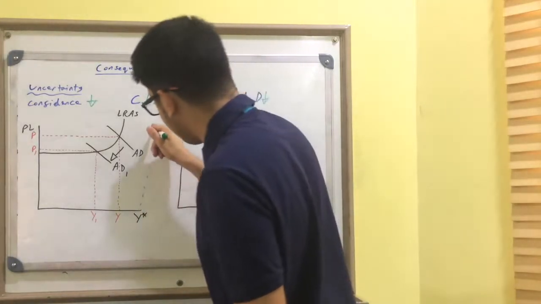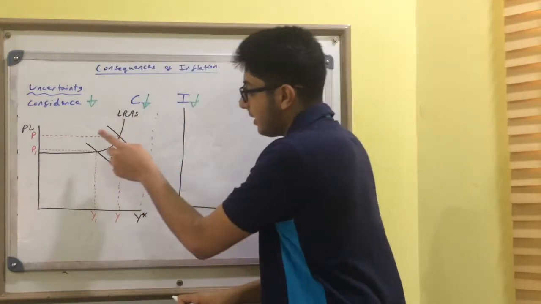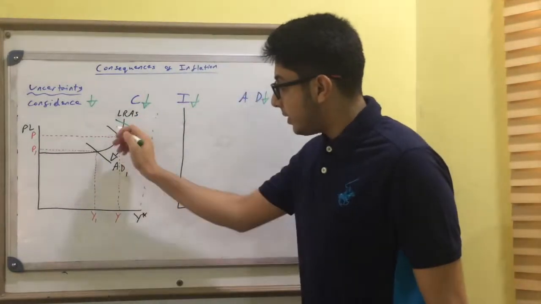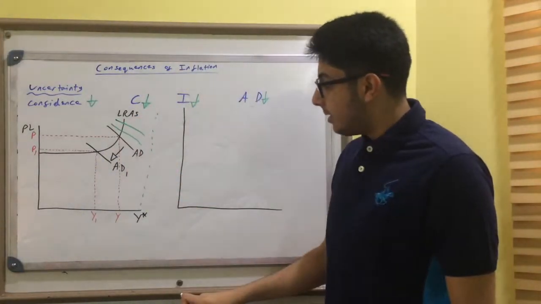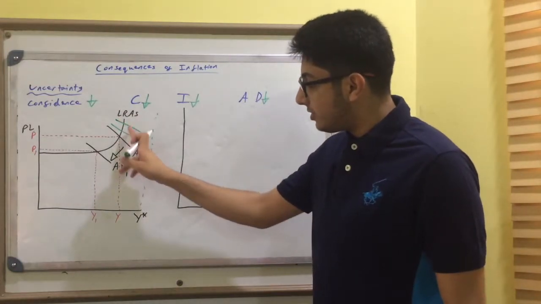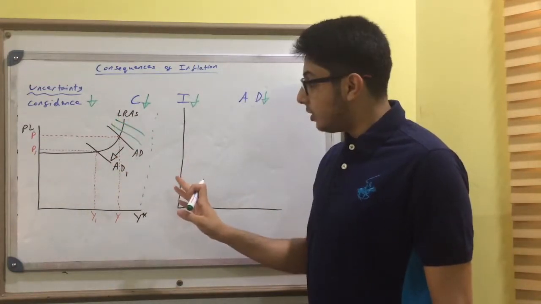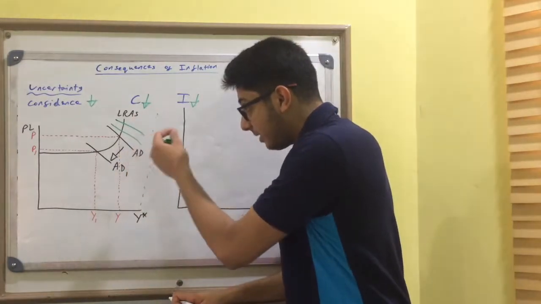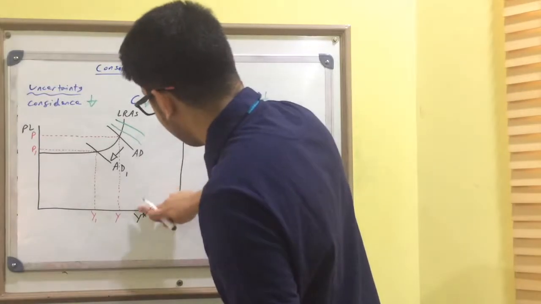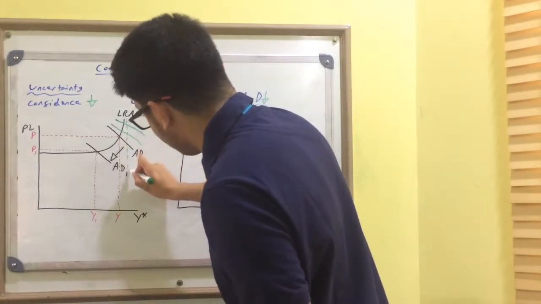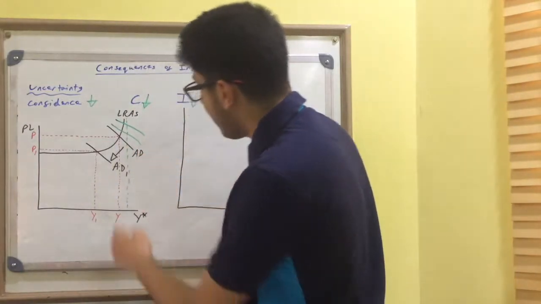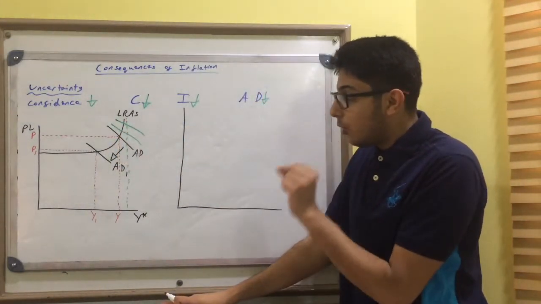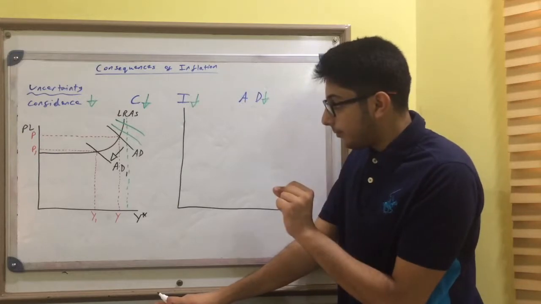So if you say aggregate demand is here, and then it decreases there, prices will decrease, but output does not decrease by that much because of the graph, and because this is Y star, and it's very, very close to the potential output. There is a small negative output gap.